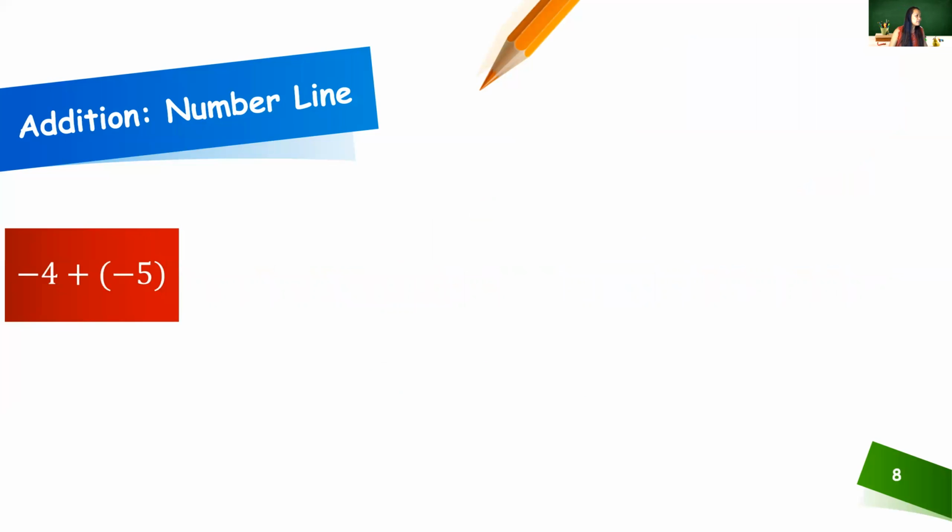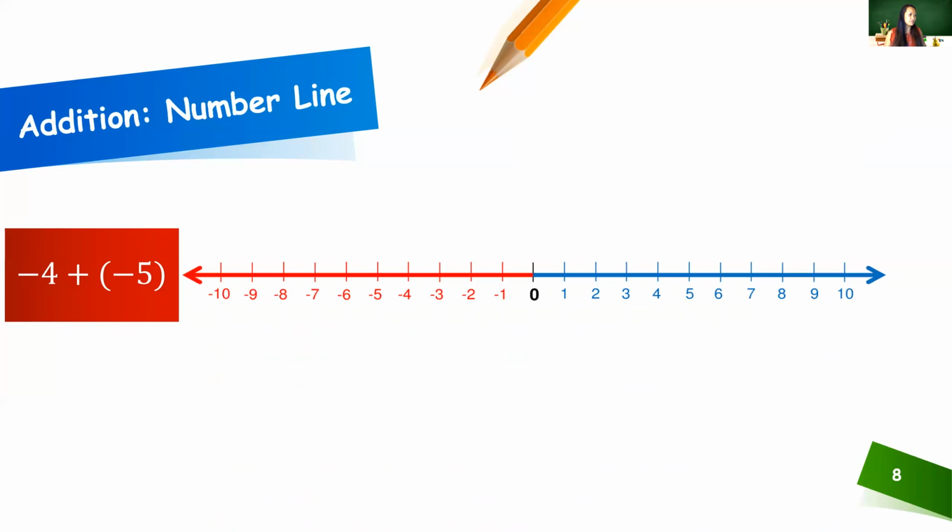Okay. -4 plus a -5. Visualize, see some thought. What do you expect the answer to be? Would it be negative, or would it be positive, or would it be 0? Okay, let's see. We locate -4. And then we would move to the left 5 units because -5 is opposite of 5, right?